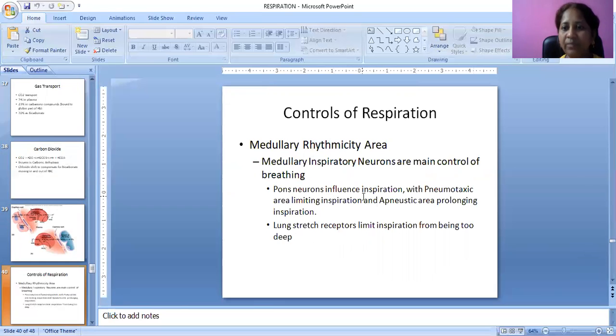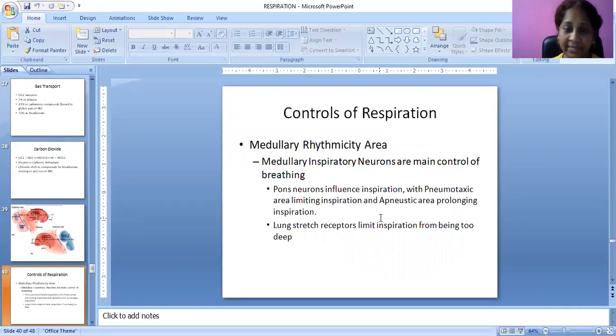Pons neurons influence inspiration, with the pneumotaxic area limiting inspiration and the apneustic area prolonging inspiration. Lung stretch receptors limit inspiration from being too deep. Medulla is the respiratory control organ.